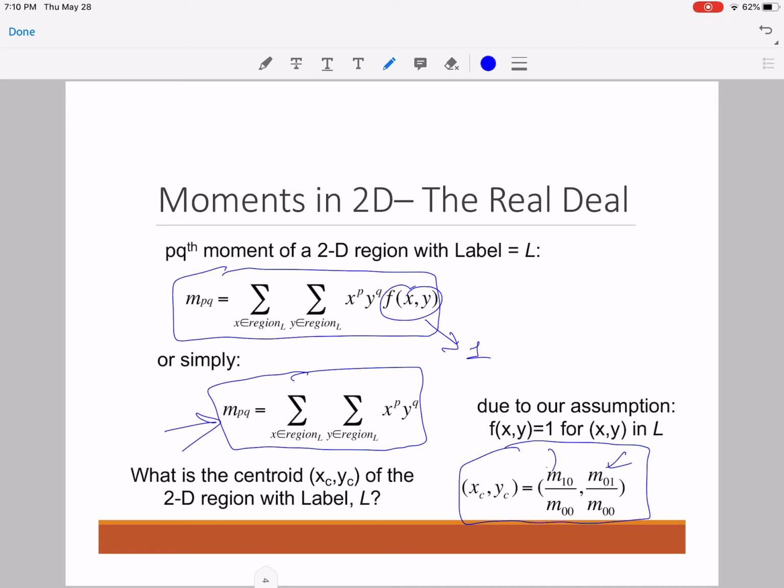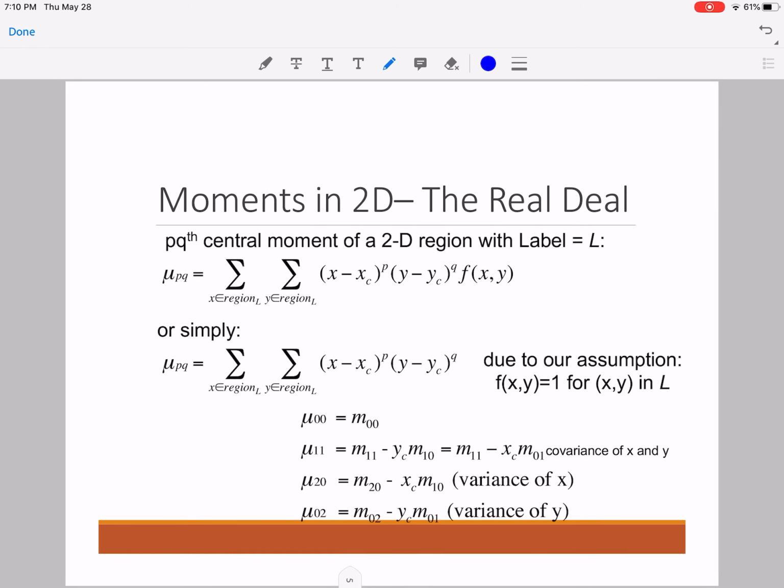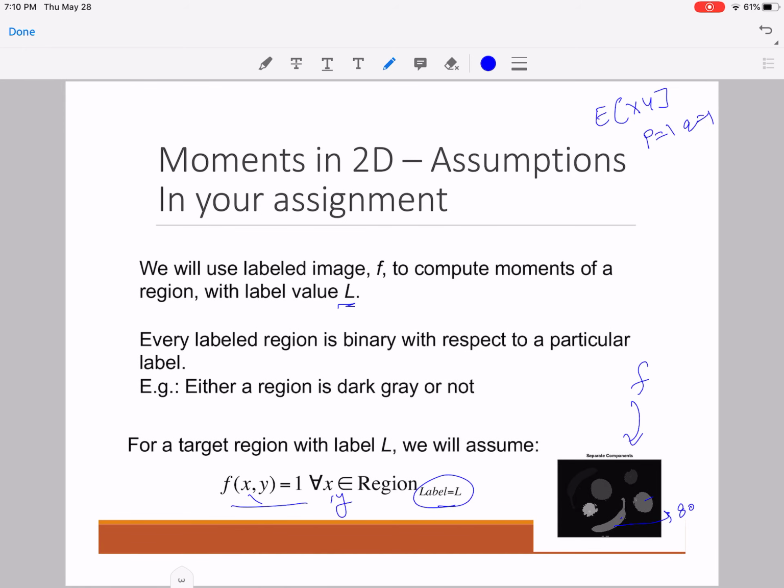This factor is going to give me the average X component of a particular coordinate, and this is going to give me the average Y component. So both XC and YC together give me the centroid of a 2D region with a particular label L. That's how you find the centers of these individual objects.